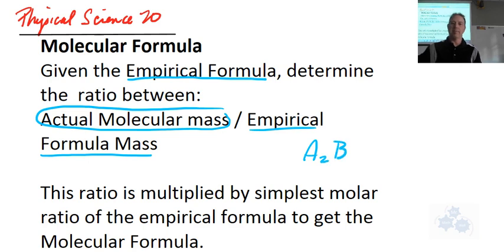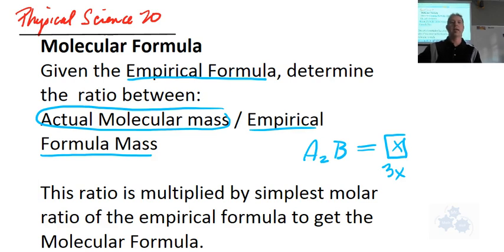All right, so let's say we have something like an empirical formula of, let's just say, A2B, okay? And this is the empirical formula, and we have a mass of X. So let's say that the actual molecular mass is 3X. So it's the empirical formula mass, but it's actually exactly 3 times as much.